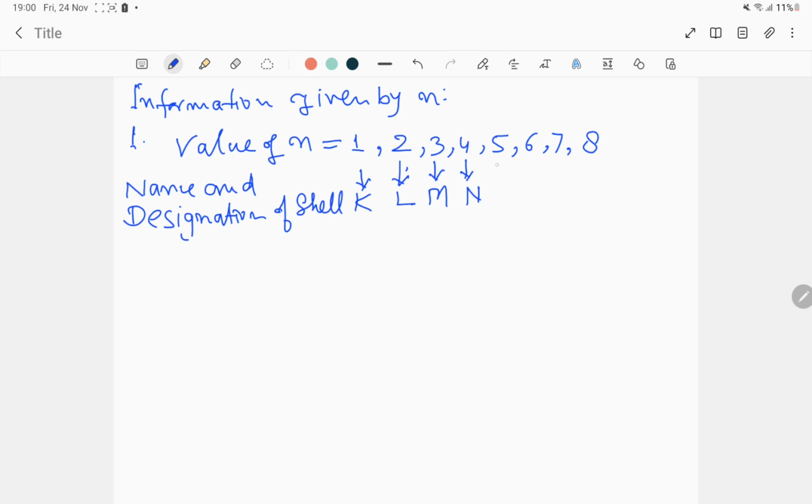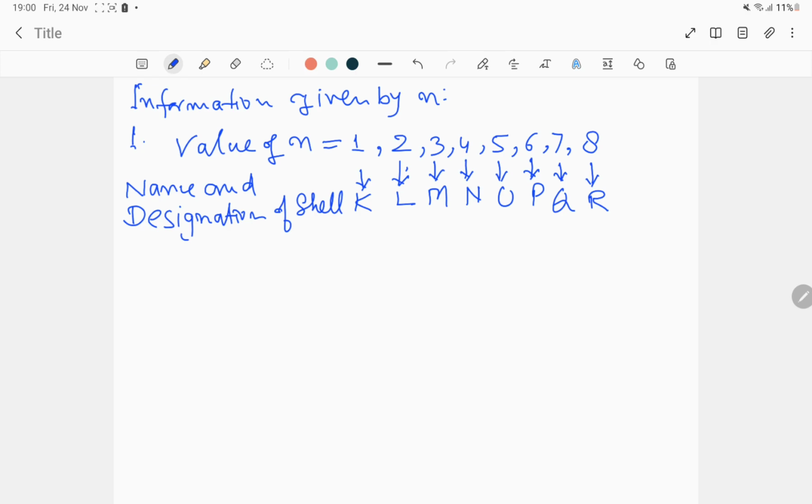For 5, it is O shell. If the value of n is 6, then it is P shell. If it is 7, Q shell. And if the value of n is 8, then the name of shell is R.